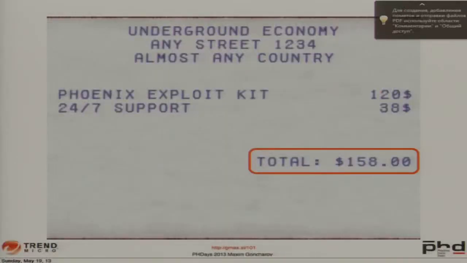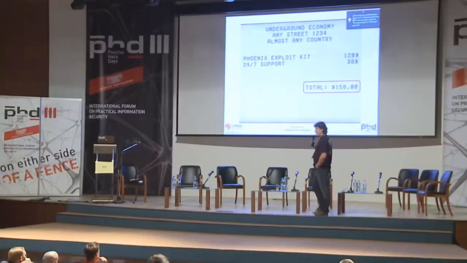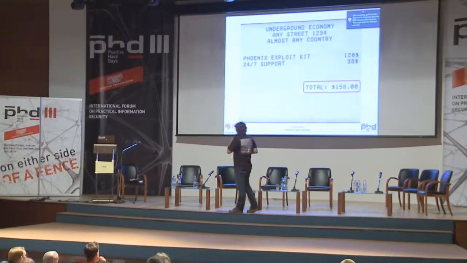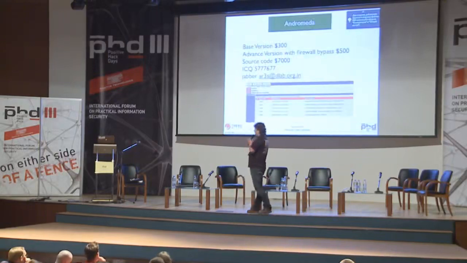The price of an exploit kit is about $160, again inclusive of 24 hours, 7 days a week support by third parties, which in some cases know much better than you what should be done anyway. So you can be sure that whatever happens, if you have no idea what to do, you'll have full support, supporting problem solving and so on.